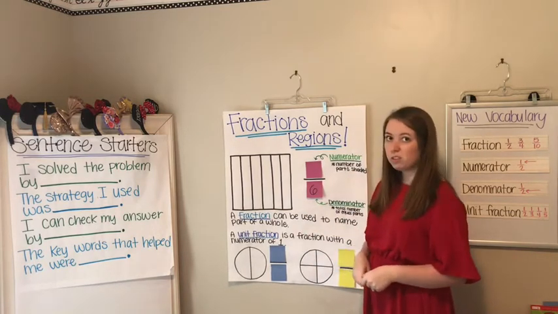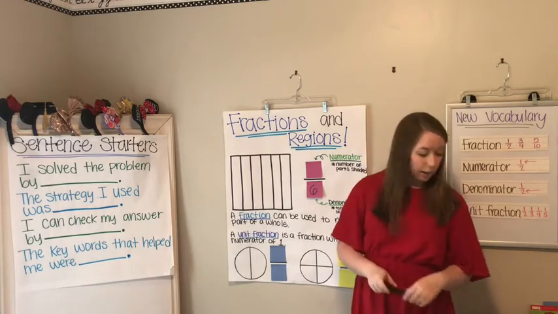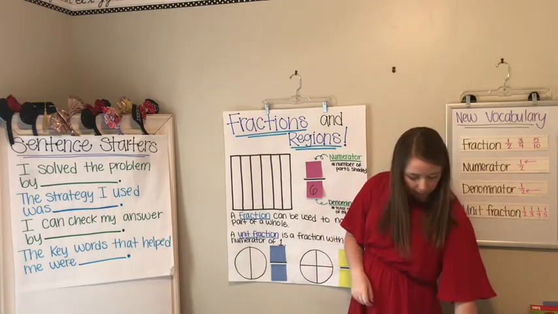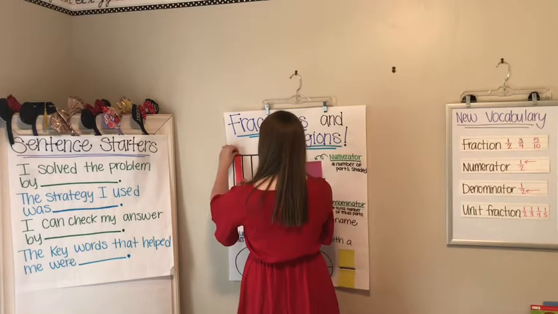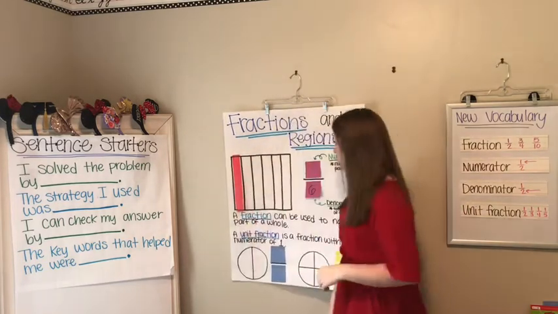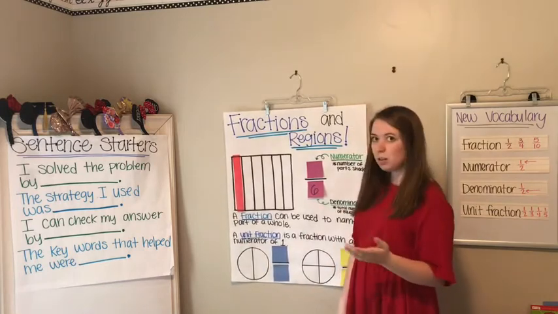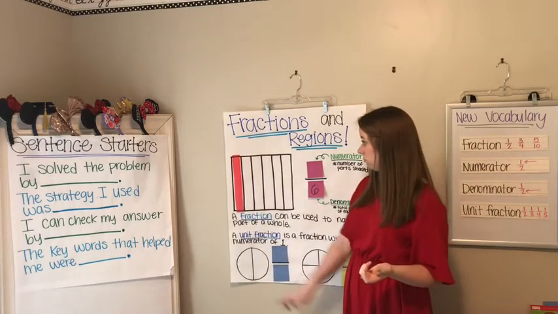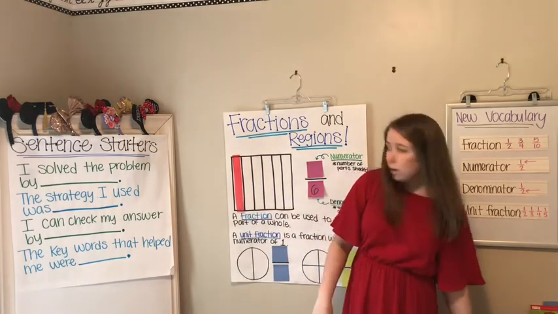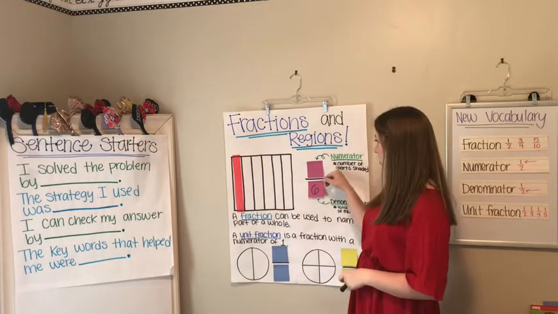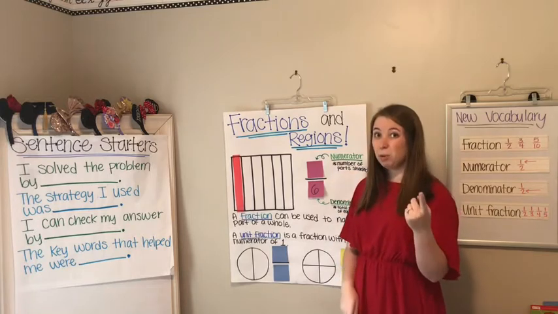At this point, there's nothing shaded, but I'm gonna add something so I can shade it in. All right, so let's see. How many parts have I shaded in? Just 1, right? So then when I look at my numerator, the number of parts shaded, I'm just gonna put a 1.